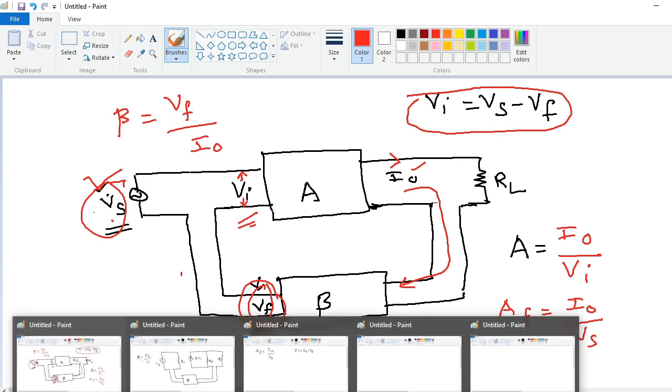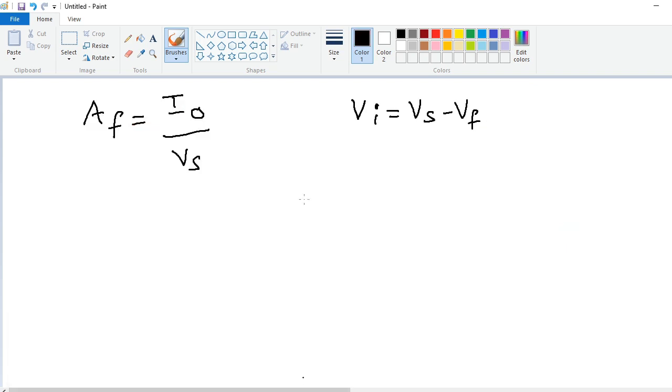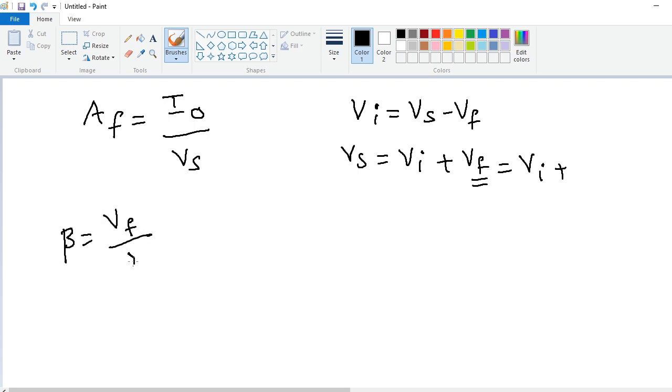So we know that Vs is equal to Vi plus Vf. Instead of this Vf, beta is equal to Vf by I naught, so instead of this Vf, beta into I naught is substituted.